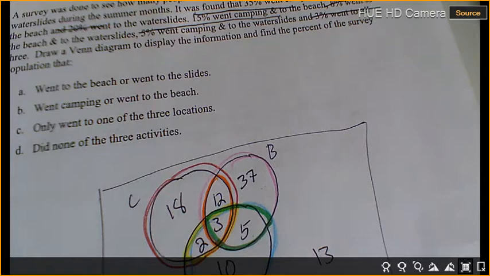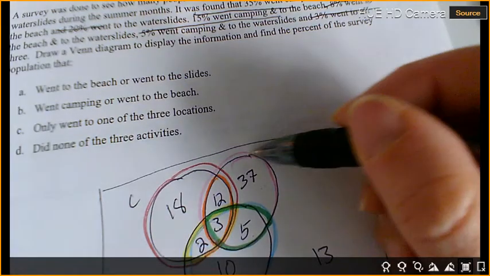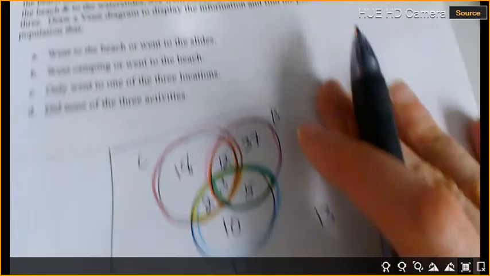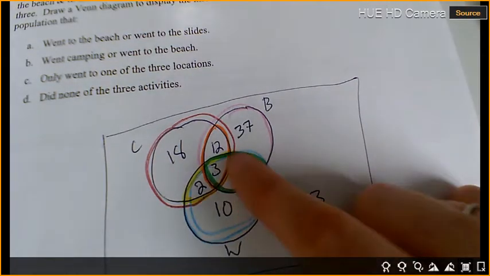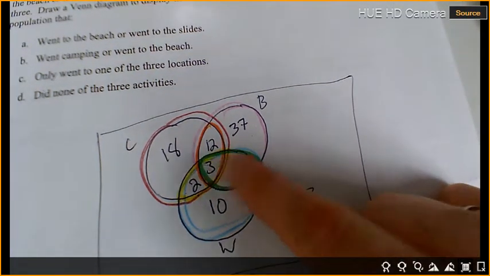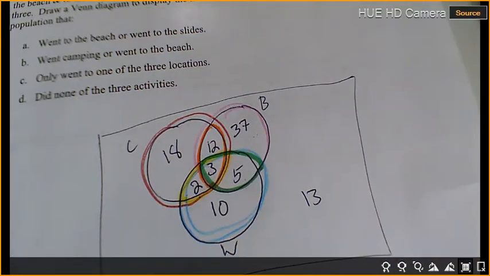So I am going to add everything in this beach one, right? So I'm going to add 37 plus 12 plus 3 plus 5. And then I'm going to add that to everything in the water slide, but I don't want to add 3 and 5 again, so I'm going to add 2 and 10.